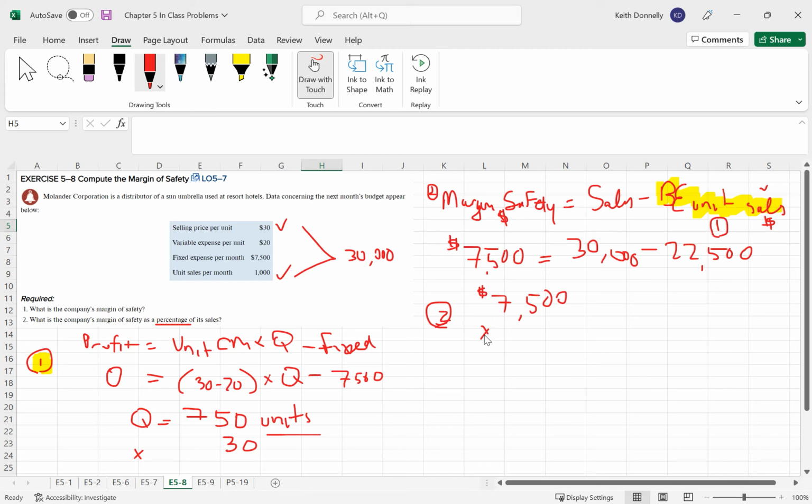And let's see here. You're going to divide it by, in this case, the sales of 30,000, the budgeted sales there. That's going to equal 25%.